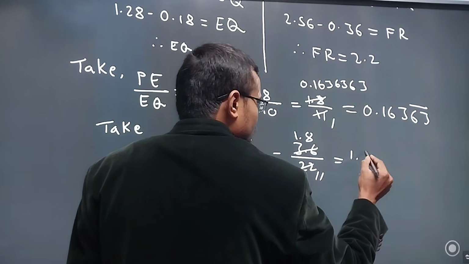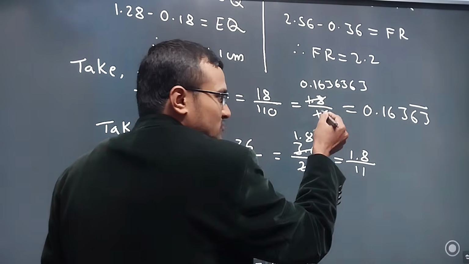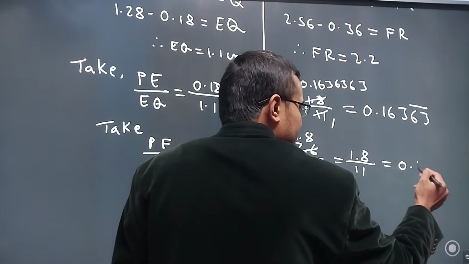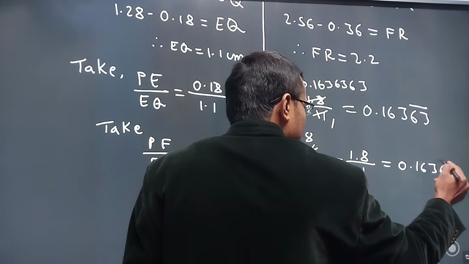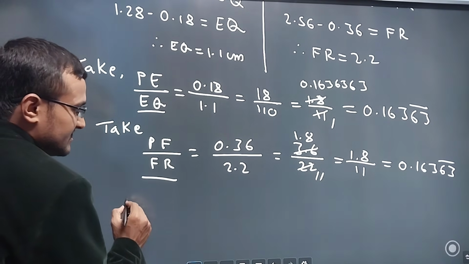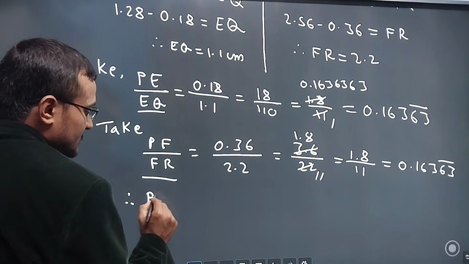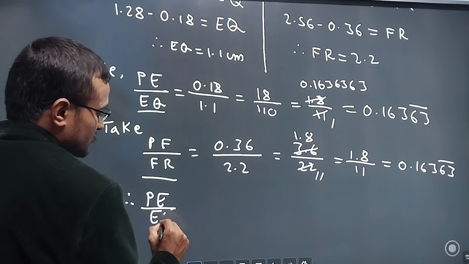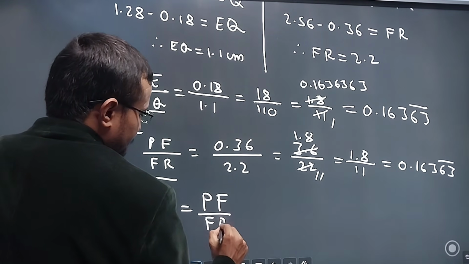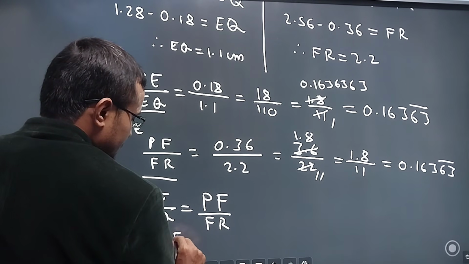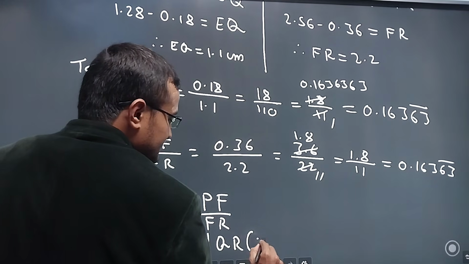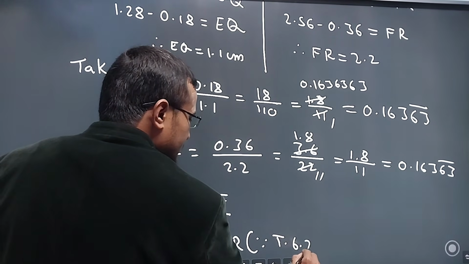So we are getting 1.8 by 11. Here also 1.8 by 11 was there, here also 1.8 by 11 is there. If you solve this, you will get 0.16363 and it goes on like this. So here both the ratios, that is PE by EQ and PF by FR, are equal to each other. Therefore, PE by EQ is equal to PF by FR. Therefore, here EF is parallel to QR, and this is according to theorem 6.2.